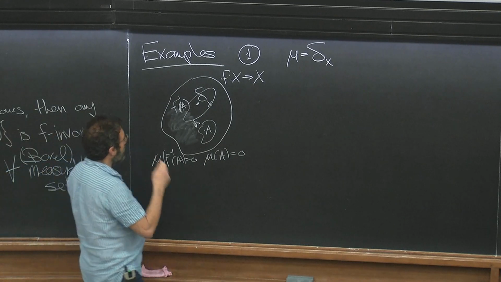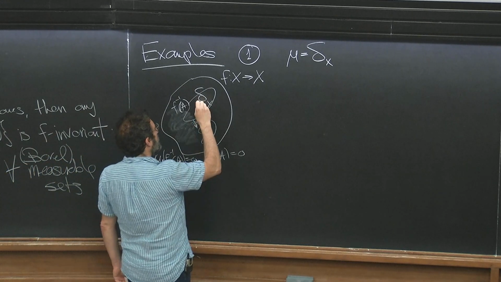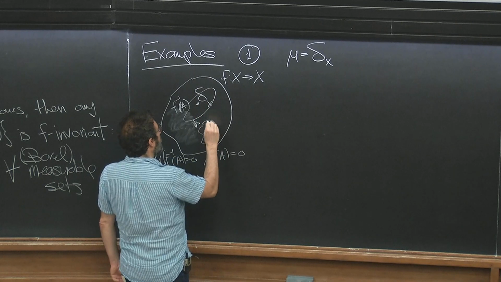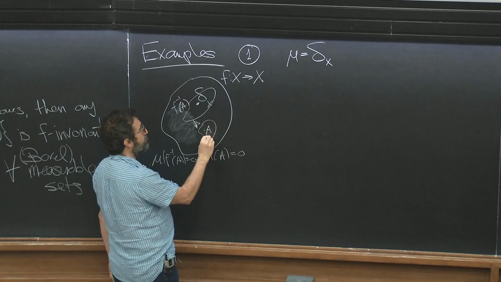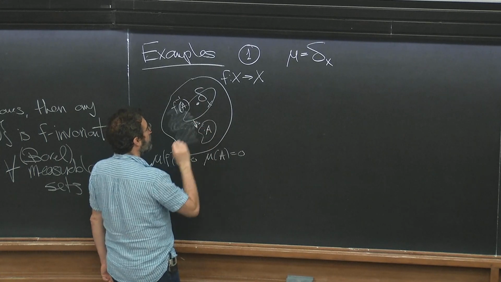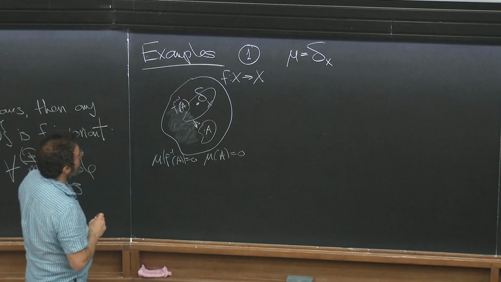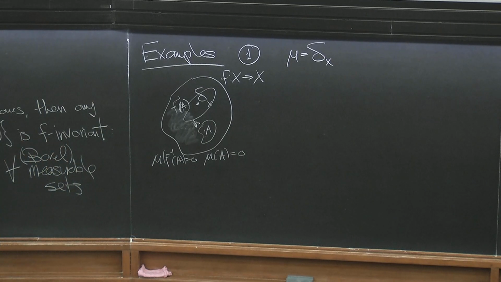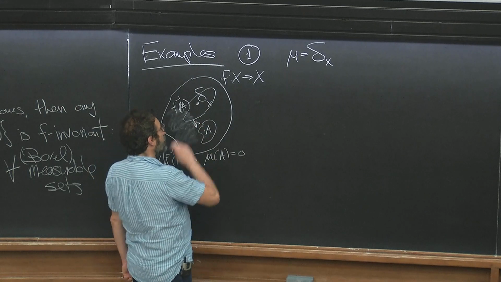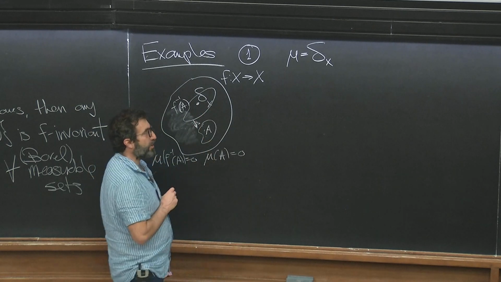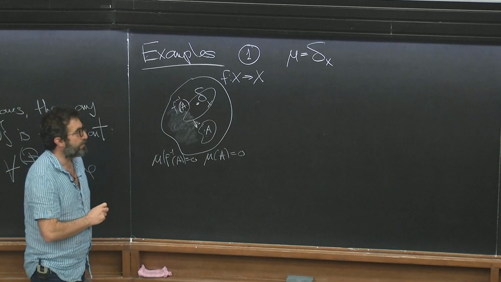And this would mean that the image of x lies in here. Whereas, as was just pointed out, if x is a fixed point, then this picture cannot happen.